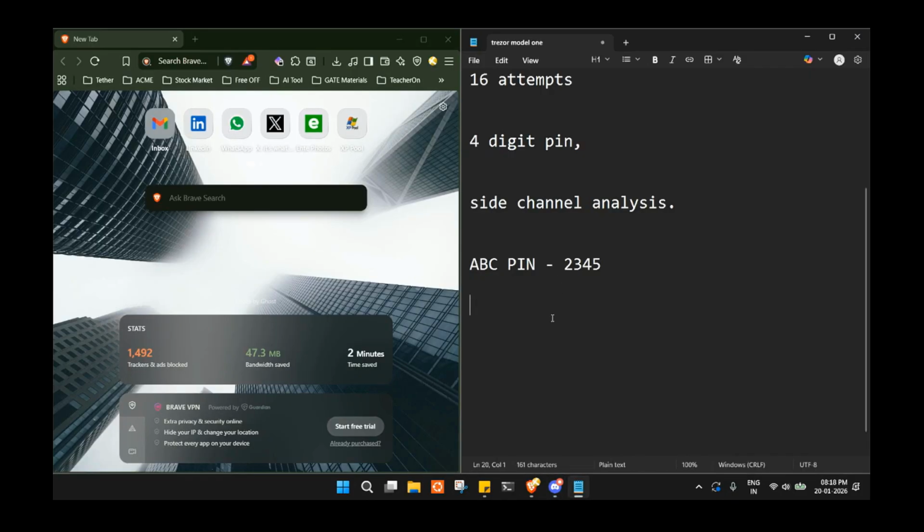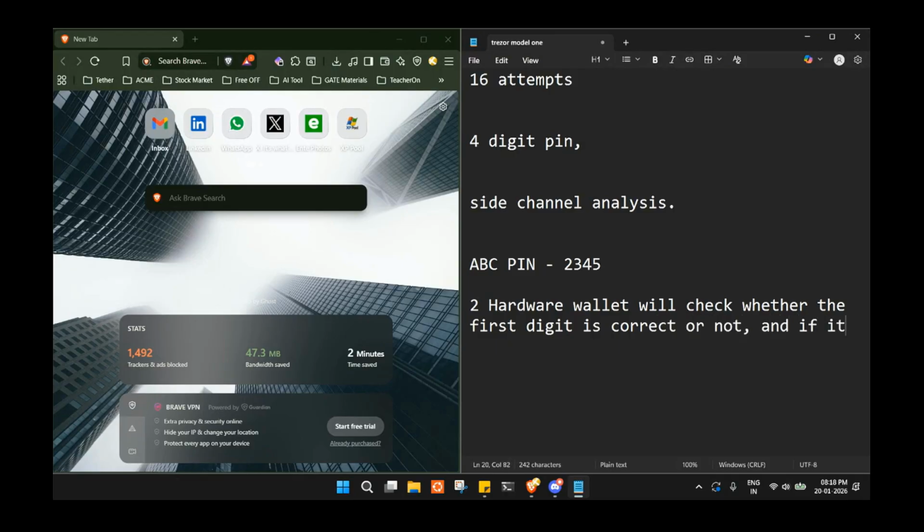Because you have to understand how the hardware works, then you will be able to know how it can be cracked. Side channel analysis means, let us suppose I am pressing 2. The microcontroller, or I should say the hardware wallet, will check whether the first digit is correct or not.